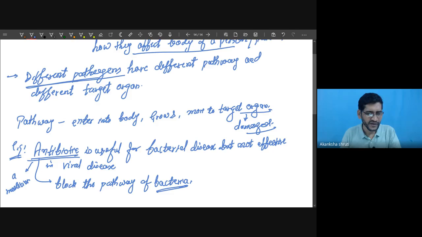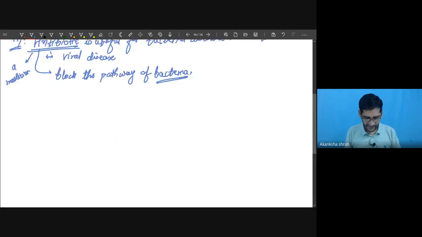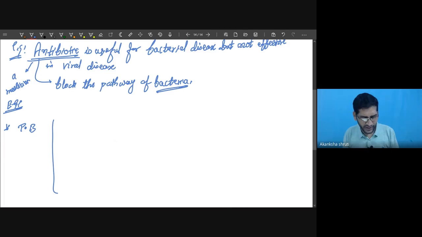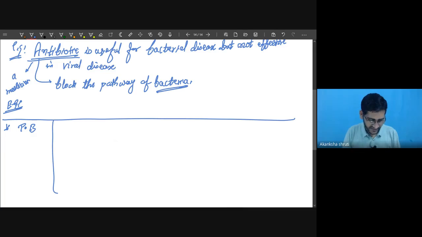Most commonly we get it from our hospital. So students, what are these pathways and their target organs? That we just have to write at one place. That is enough. So let us write down the example. Students, if we consider TB, the first one, it is asked what is the target organ. What is the causing agent? Or let me tabulate it. Students, I'm going to tabulate a few things.